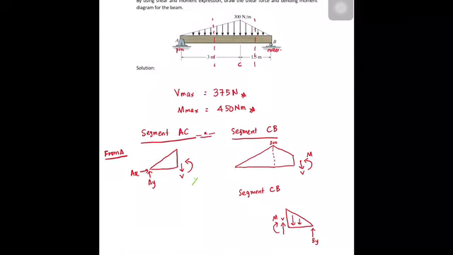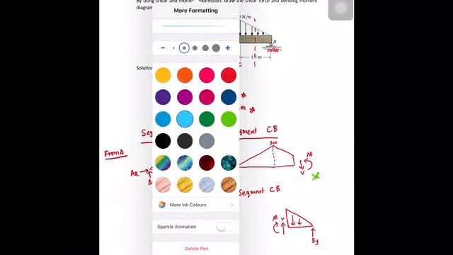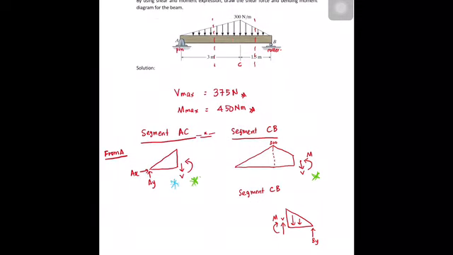You want to choose this one and this one, no problem. Or you want to choose this one and this one for segment CB. It's up to you. Both are correct since the question did not give you the direction symbol. They don't give you this symbol, so you can start from either one, from A for segment BC and from B for segment CB. No problem at all.